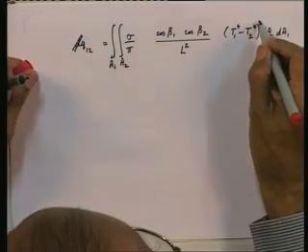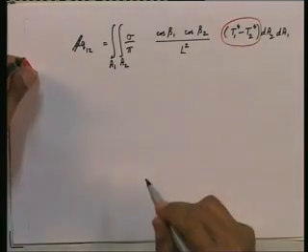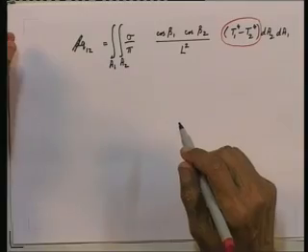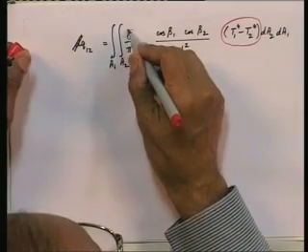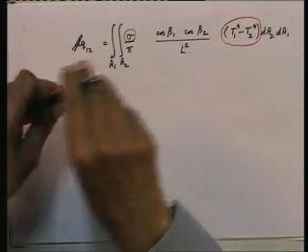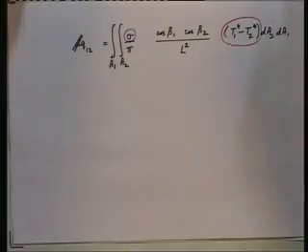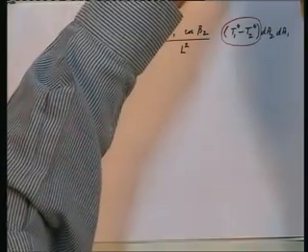for Q1 to 2. Now, T1 is a constant, T2 is a constant. So, T1 to the power of 4 minus T2 to the power of 4 is a constant. I can take it outside the integral. Let me also take sigma outside the integral. All right. So, if I take both these outside the integral, which is permissible, then I will end up with the expression, and let me show that.